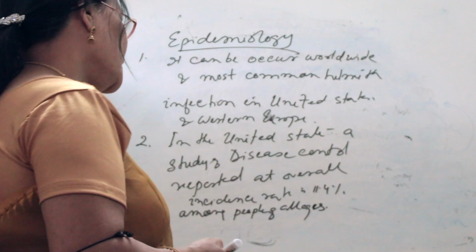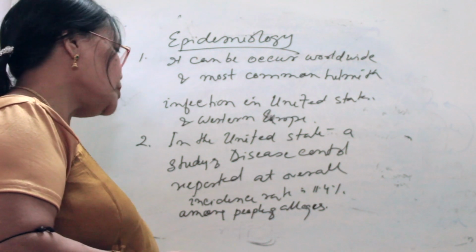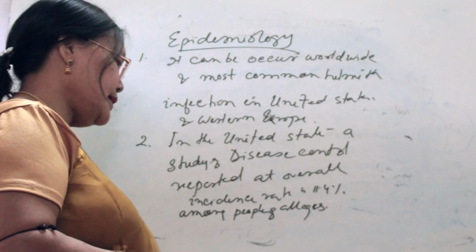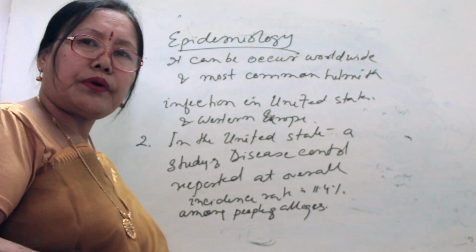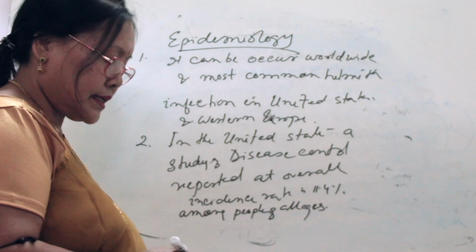So, in the United States, there is a control board known as the Study of Disease Control. They reported that there is 11.4% among people of different ages for this parasitic disease.